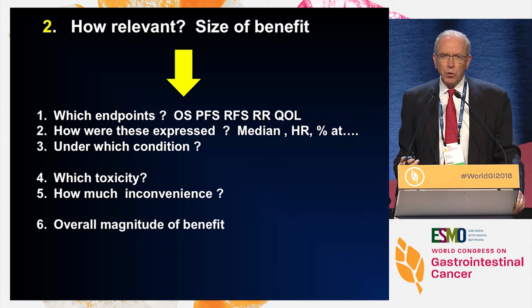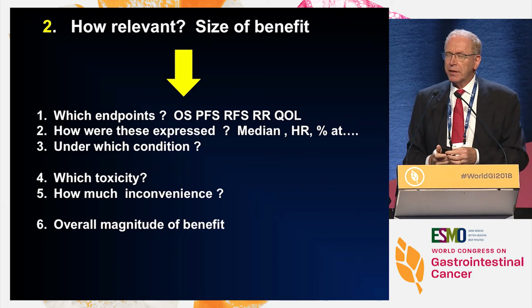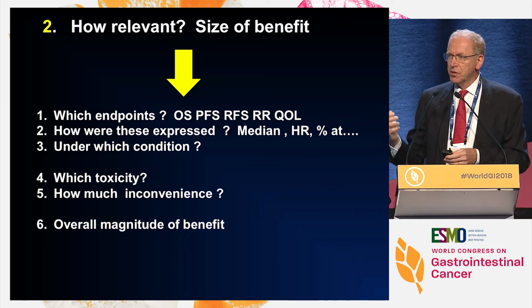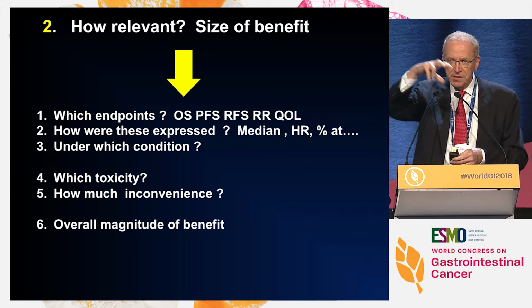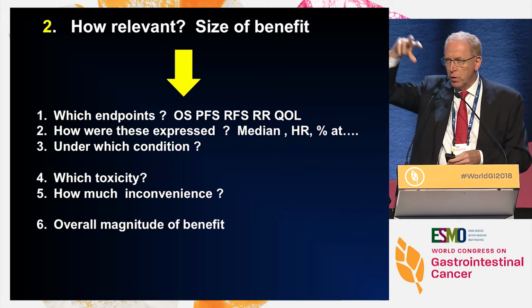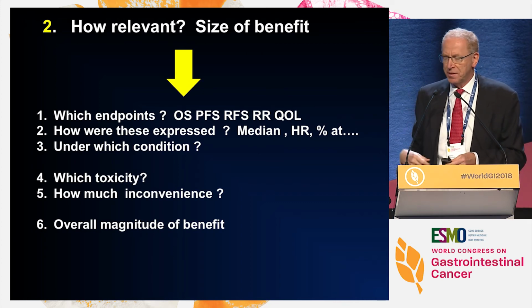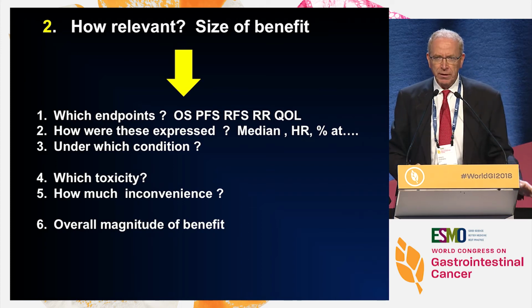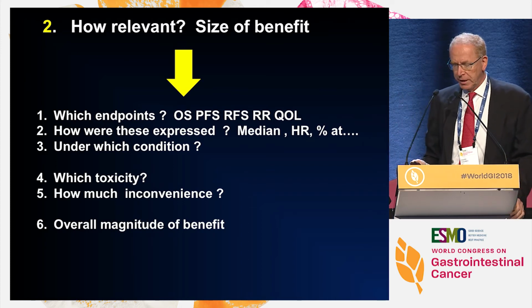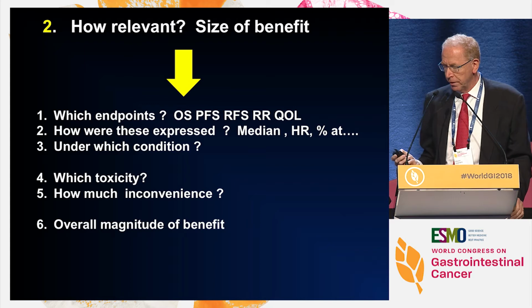And after all, when we talk about clinical benefit, the clinical benefit has essentially 3 legs, 3 domains. One is efficacy, one is at which price of toxicity, and the other is at which price of convenience, inconveniences. So those parameters should be taken into consideration as well.